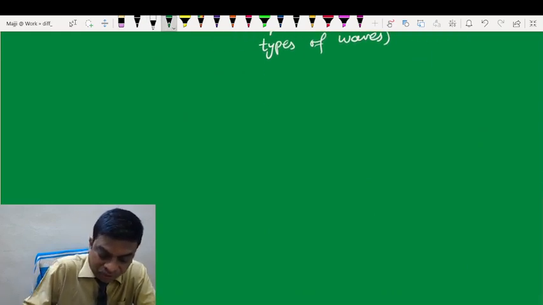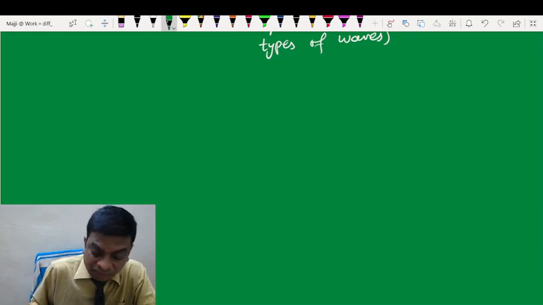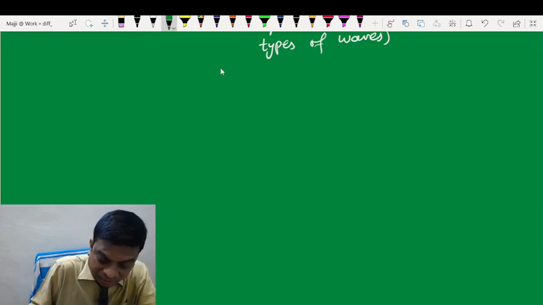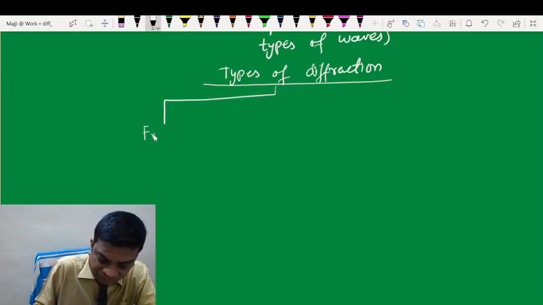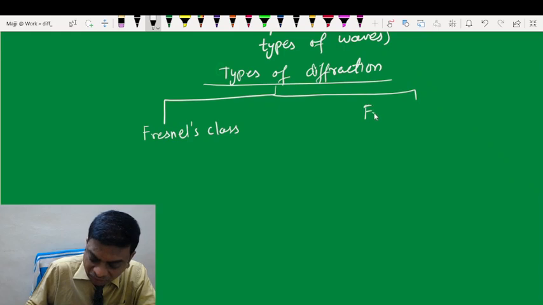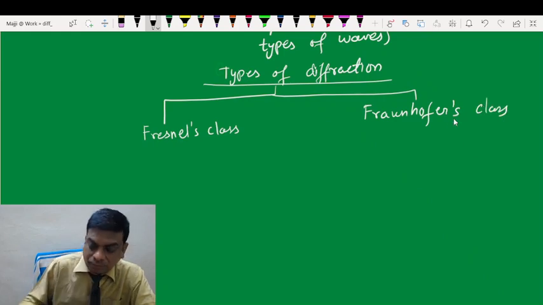Now, once we have understood the meaning of diffraction, we'll see the types of diffraction. In light, there are two classes of diffraction. One is known as Fresnel's class of diffraction, and the other is known as Fraunhofer's class of diffraction.